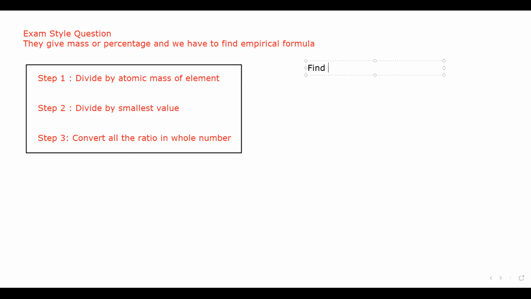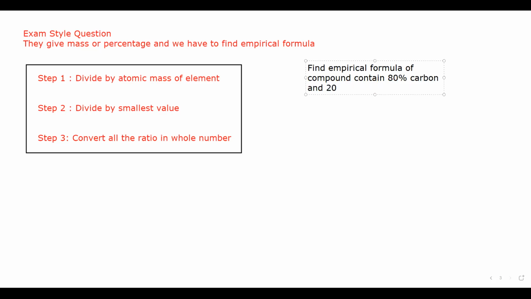Example, if the question was: find the empirical formula of a compound containing 80% carbon and 20% hydrogen. They can provide the mass or give the percentage.